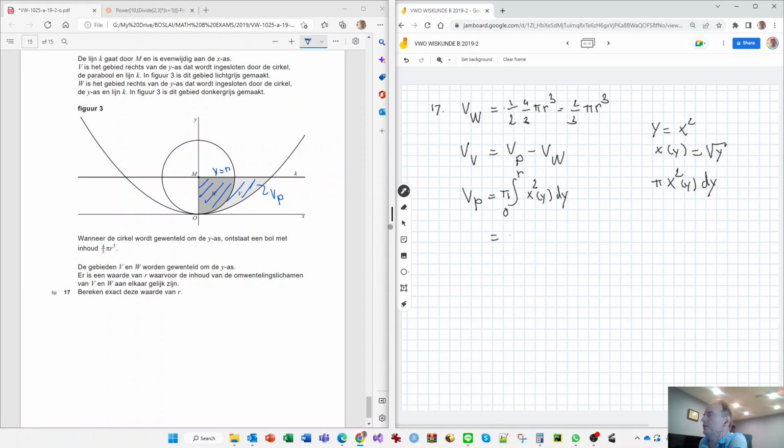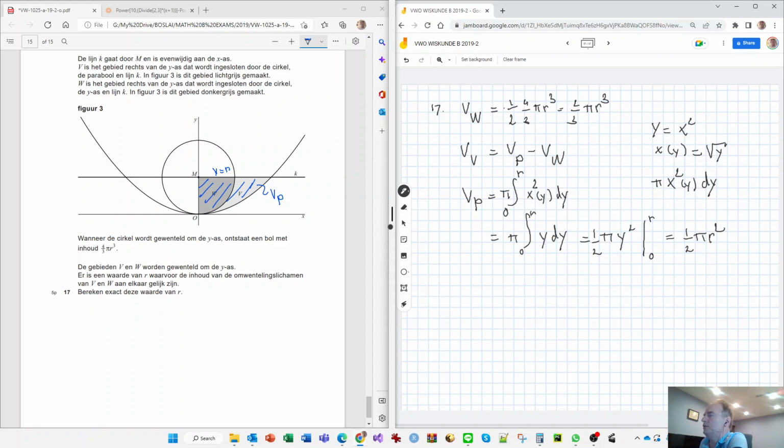Okay, so let's do that. I get this, and that's a simple integral. And simply 1/2 pi r squared. So that's Vp, so I have everything now.